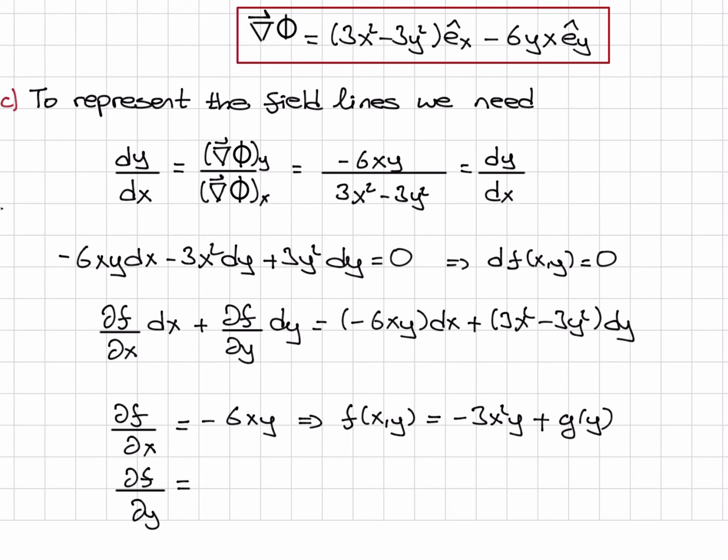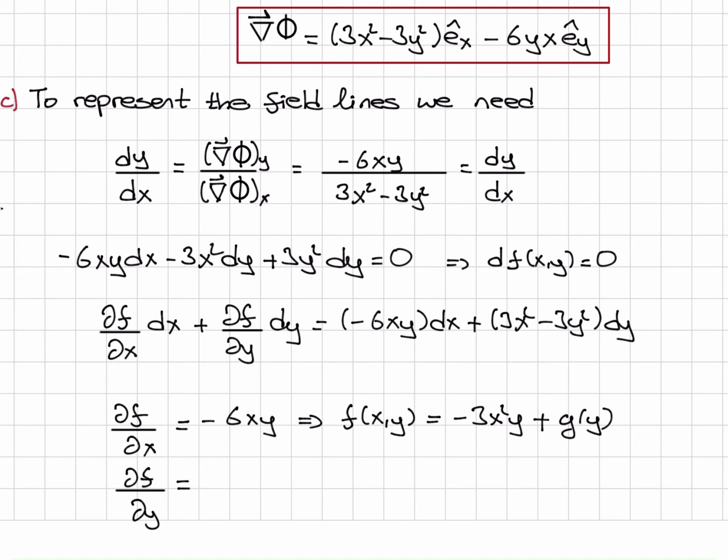we can see here 3x squared minus 3y squared. Let's check that here. So this was actually minus 3x squared plus 3y squared.